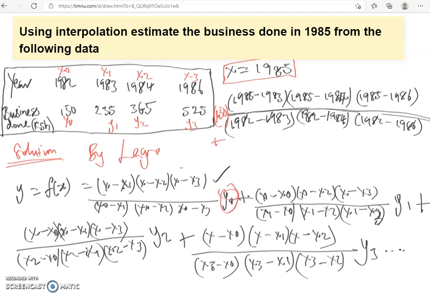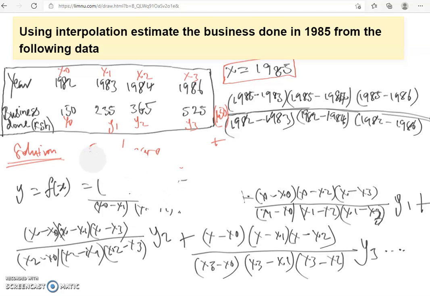So plus, since we are done with this, let's get rid of this. Then pick up the pen and write the remaining ones. That will be 1985 minus 1982.